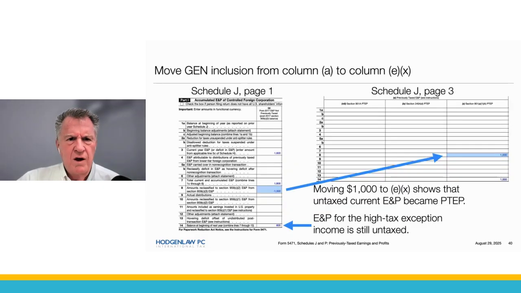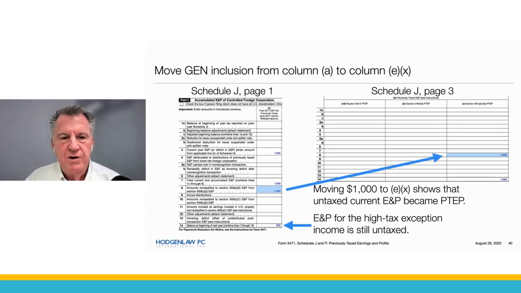So here's what we're going to do. In both of these cases, the income inclusion is going to be under Section 951, subpart F income. Remember, it's foreign base company sales income, which becomes subpart F income under Section 951(a)(1)(A).